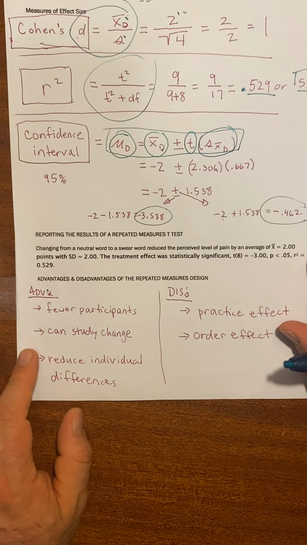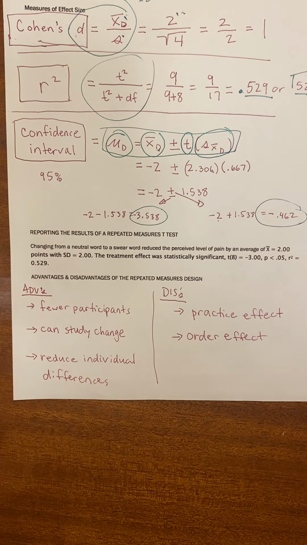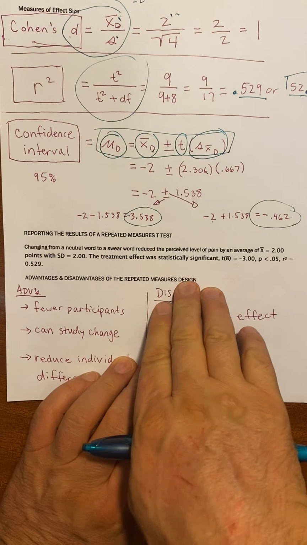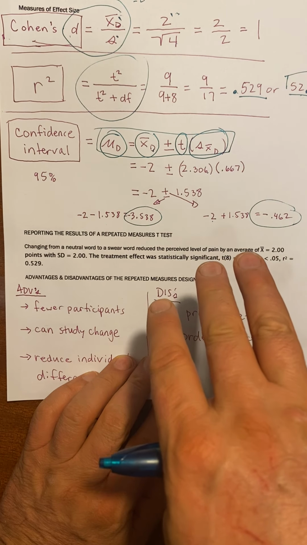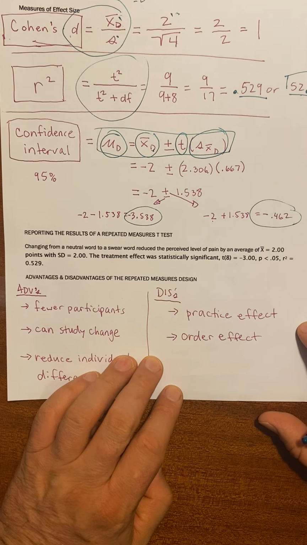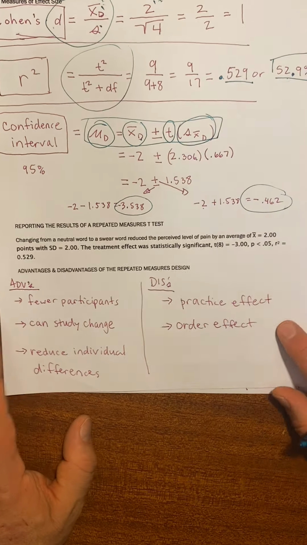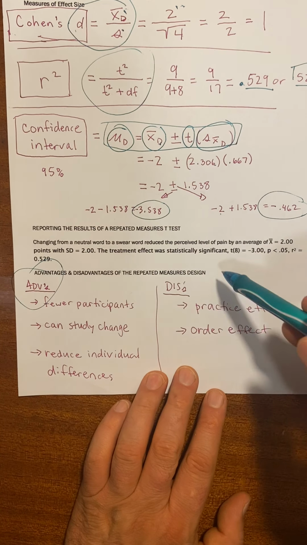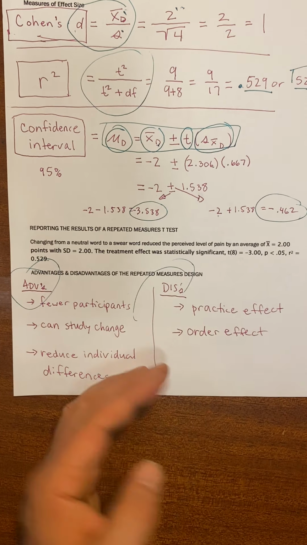Okay, last thing I want to end off with on this is some people ask, what is the advantage of using this type of T statistic design? Why would you use repeated measures design? So I thought I'd answer it by going over both the advantages and the disadvantages of this type of study.